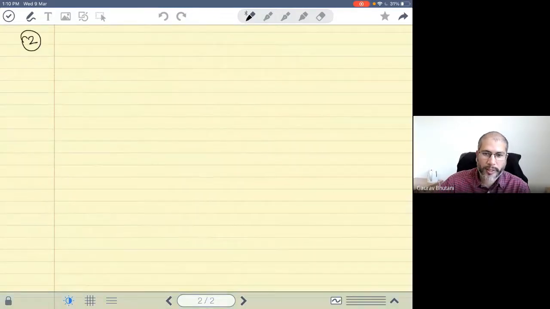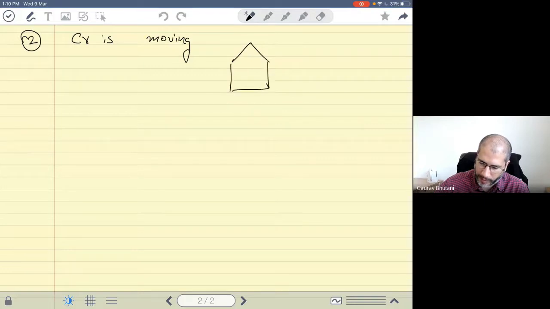Now, another special case is when your control volume is moving. A classic example for this is a rocket problem. You have a rocket which is moving up with a velocity called v rocket, and it is releasing gases to get that thrust.